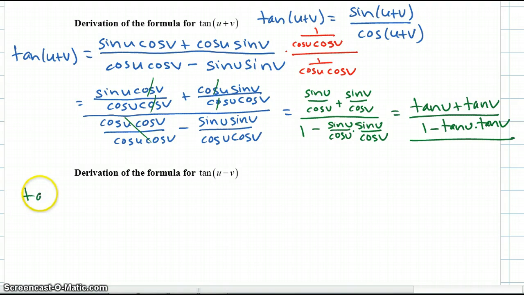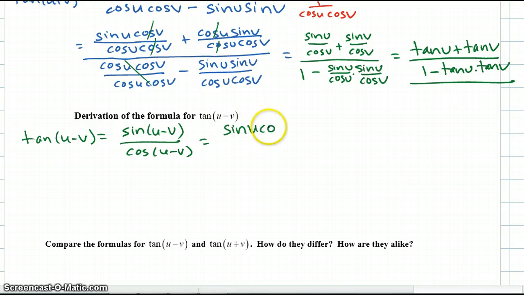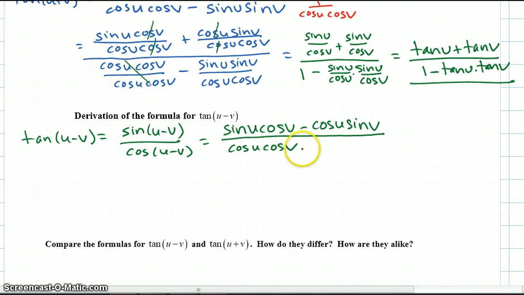So the tangent of u minus v is going to be equal to the sine of u minus v divided by the cosine of u minus v, which is equal to sine u cosine of v minus cosine of u sine of v divided by cosine of u cosine of v plus sine of u sine of v.